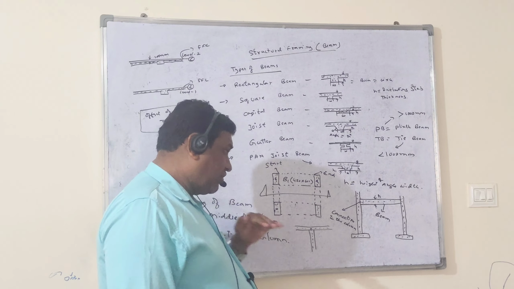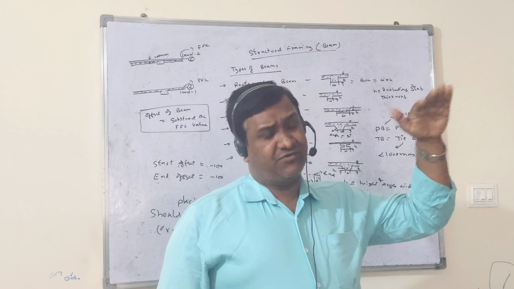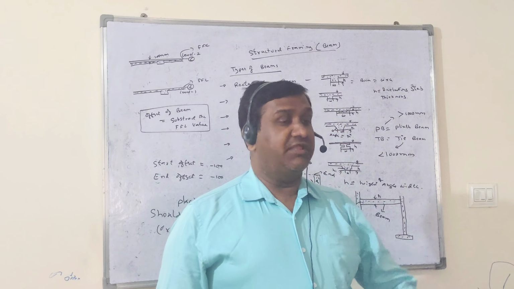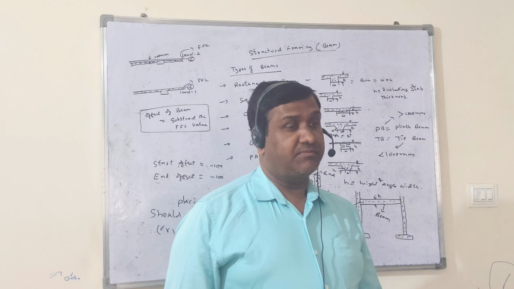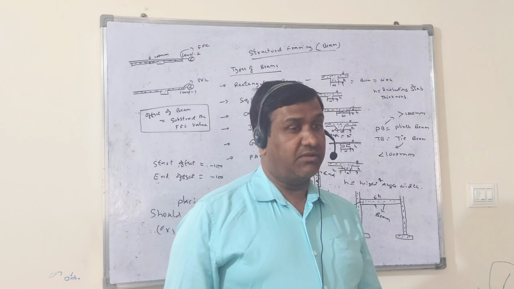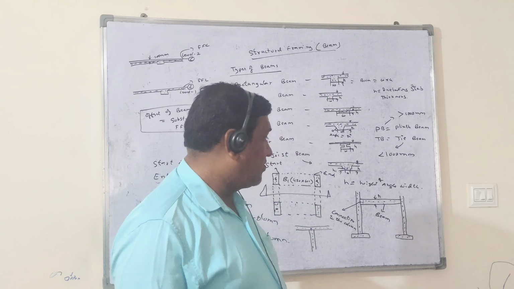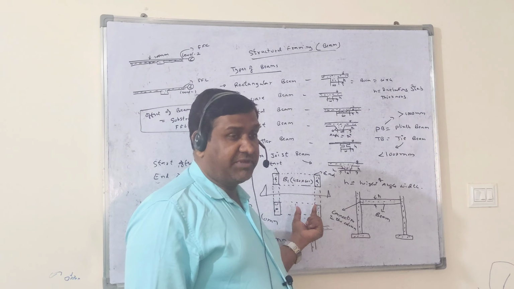If you have a ground floor, all the beams you have to place, then the first floor, second floor, third floor, like that. However many floors are there in a project, on all the floors you have to place the beams in this way. Because when you place any beams, you have to remember these things first: offset and placement.